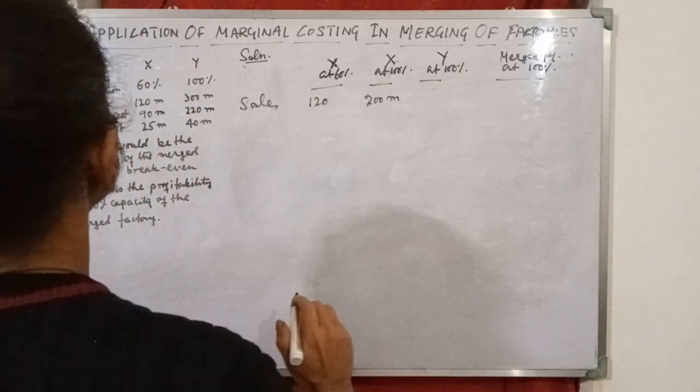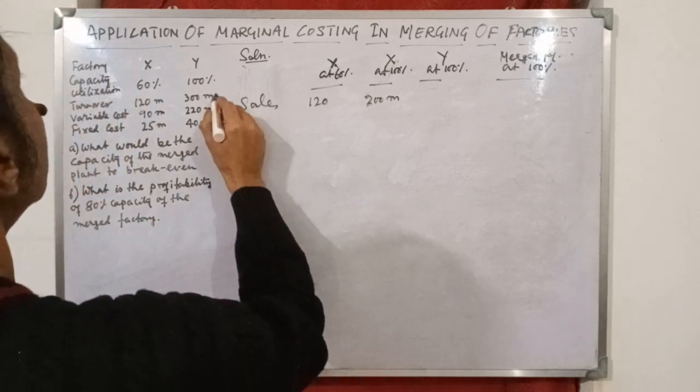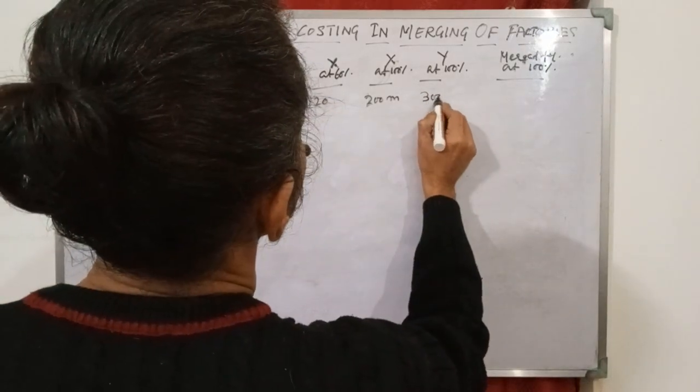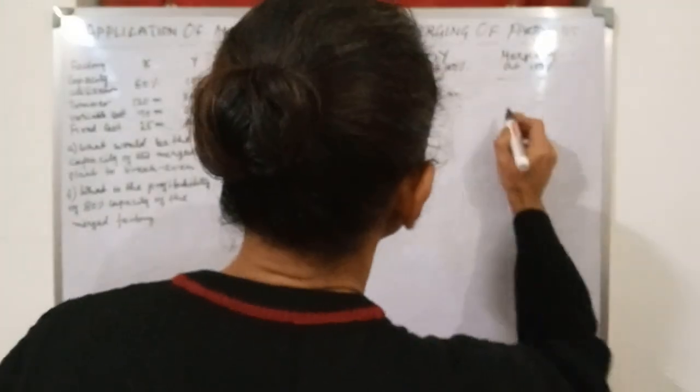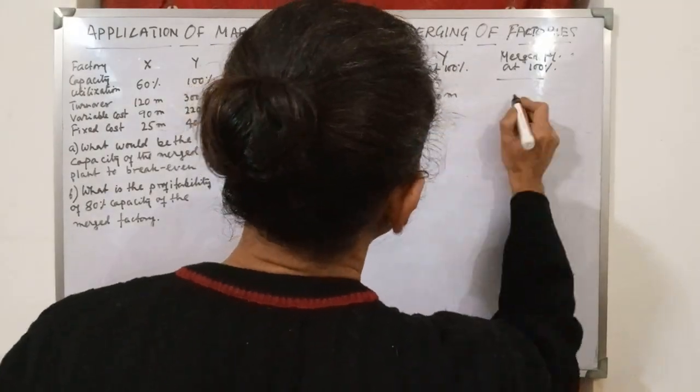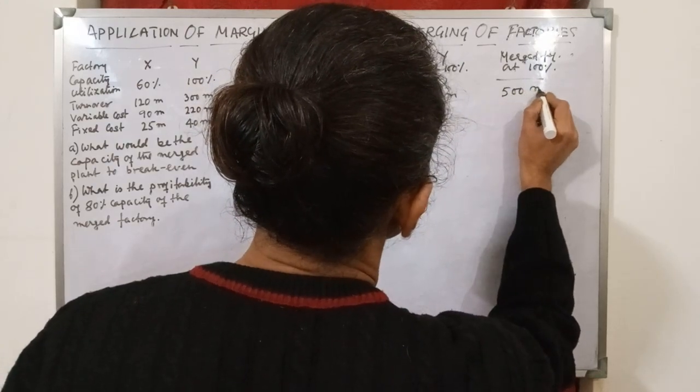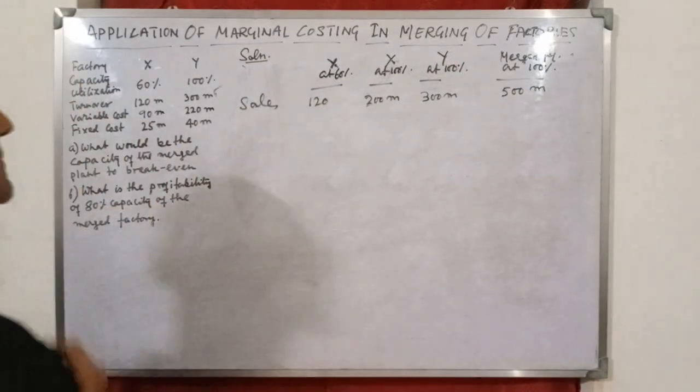And turnover of factory Y at 100% is 300 million. So total turnover of the merged factory at 100% is 200 plus 300, that is 500 million. Correct?